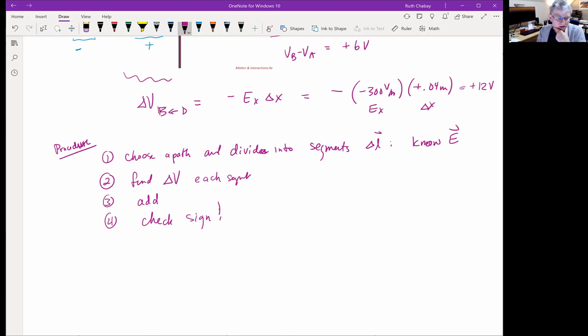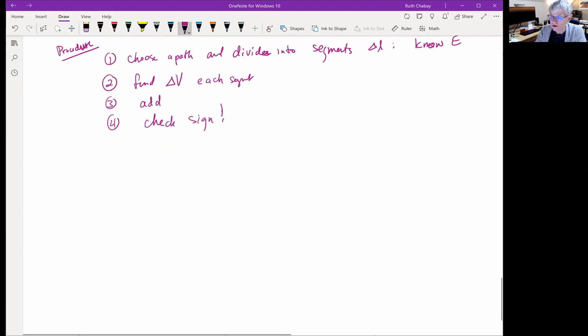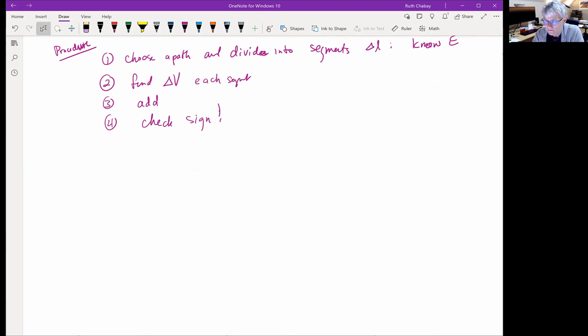So let's think about what we do with a point charge, the electric field of a point charge. So here's our point charge, and we've got a path, and here's location A, and here's location B. And we want to take a path.